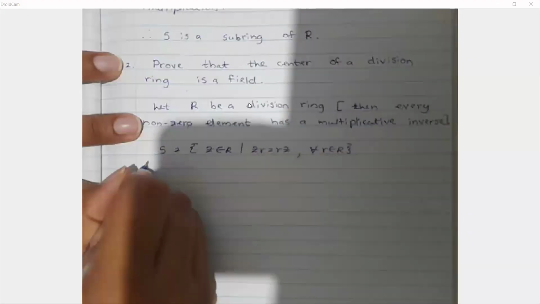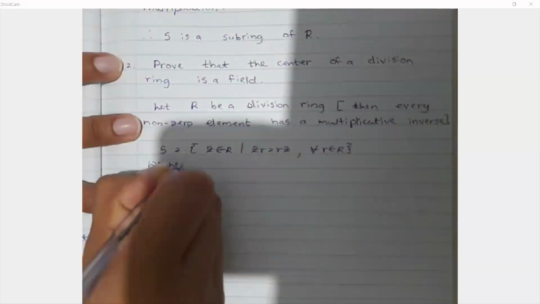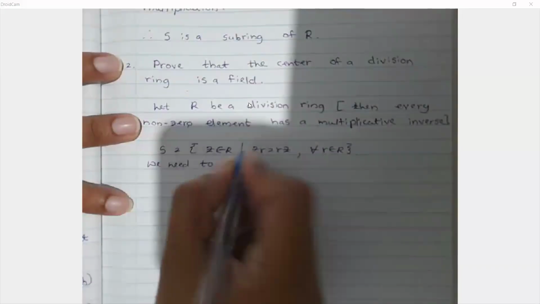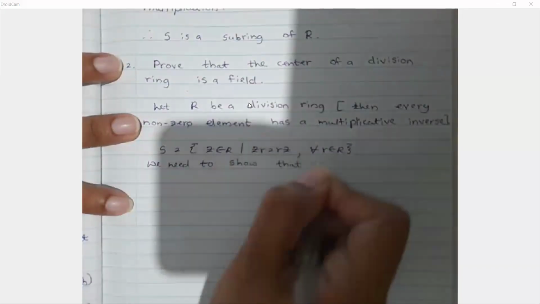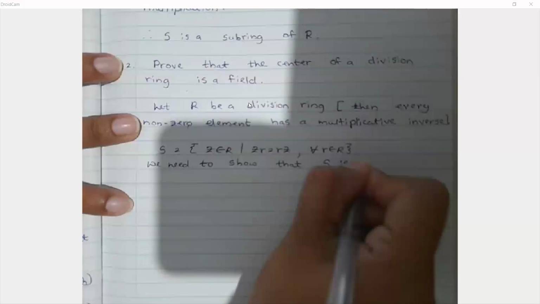We have to show that S is a field. What do we mean by a field?